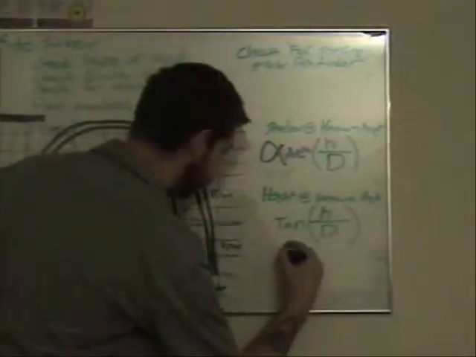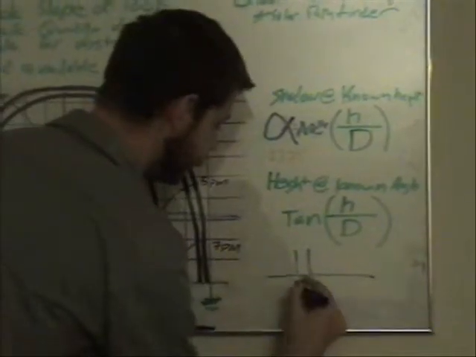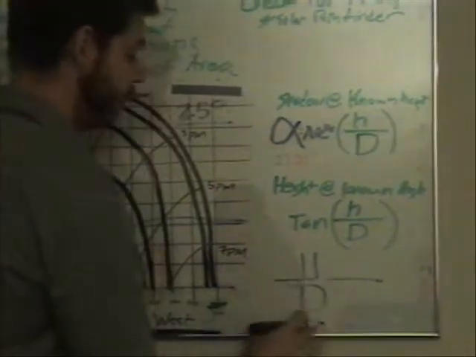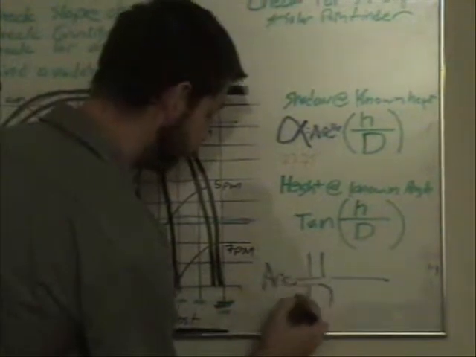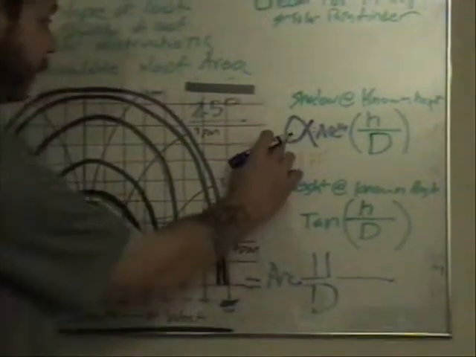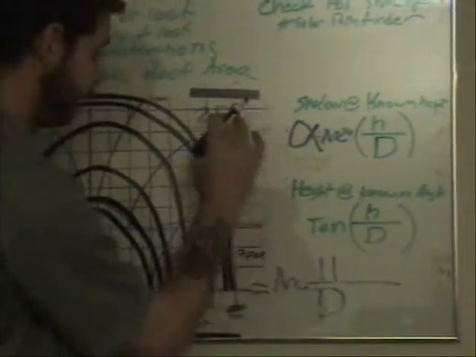We happen to know its height. Its height is 11 feet. Okay? Distance, that's going to be the length of the shadow. So the arctangent of 11 over the distance is equal to theta, which is 25 degrees.